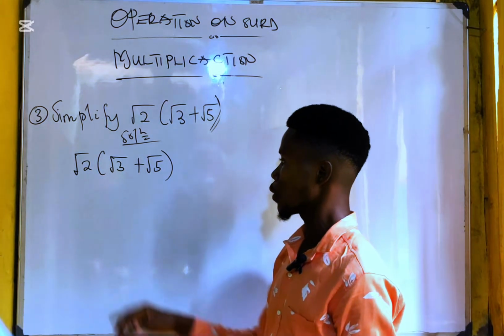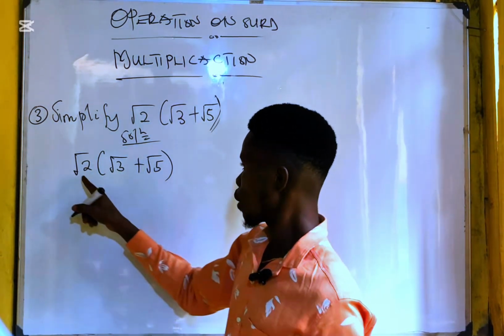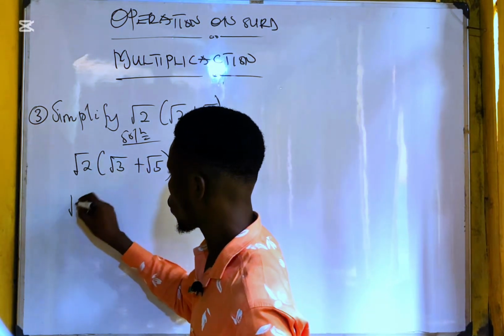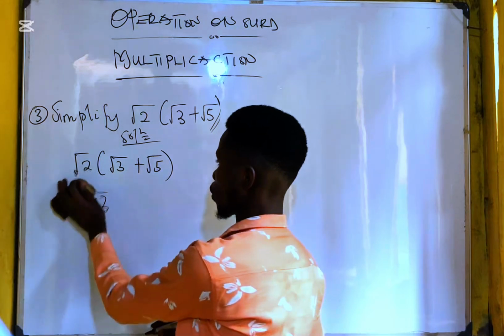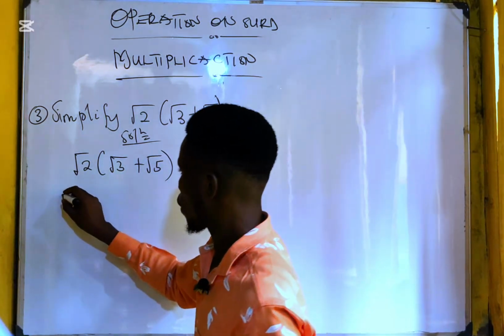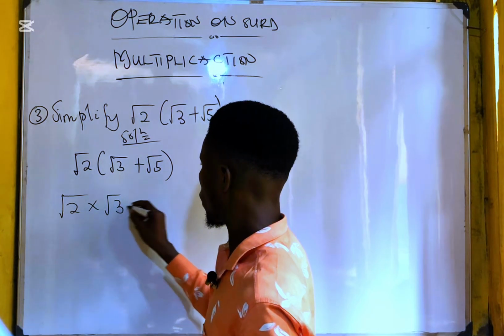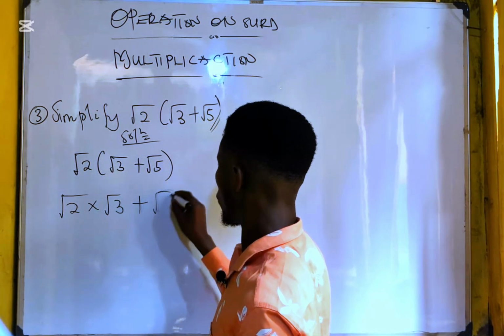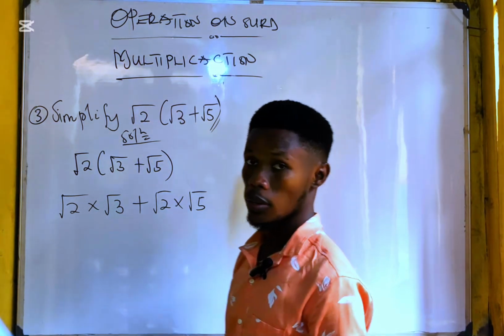So looking at this one, this root 2 will multiply this and at the same time multiply this. Let me take it one at a time. So you have root 2 times root 3 plus root 2 times root 5. Is that okay?